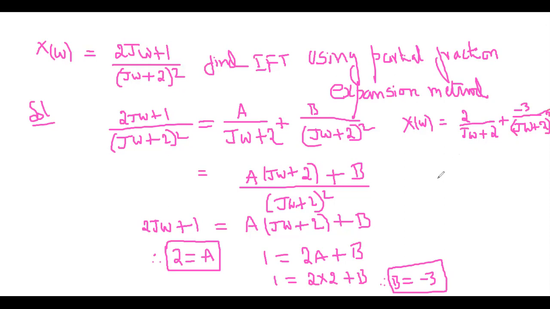Okay, my dear students. Even if we apply the LCM with the j omega plus 2 whole square, 2 into j omega plus 2 and minus 3, solve that: 2 j omega, 2 into 2 is 4, minus 3 is 1.